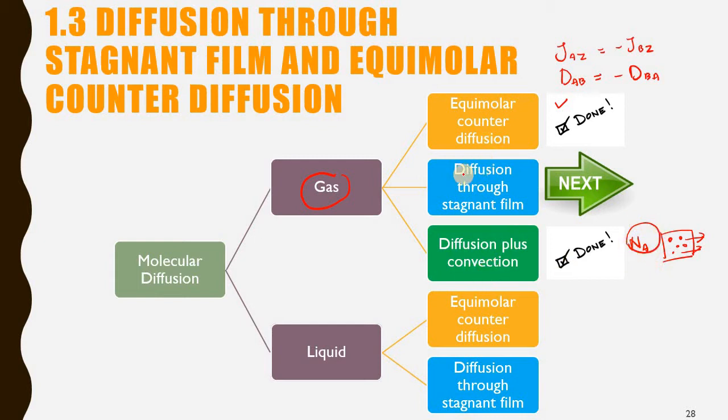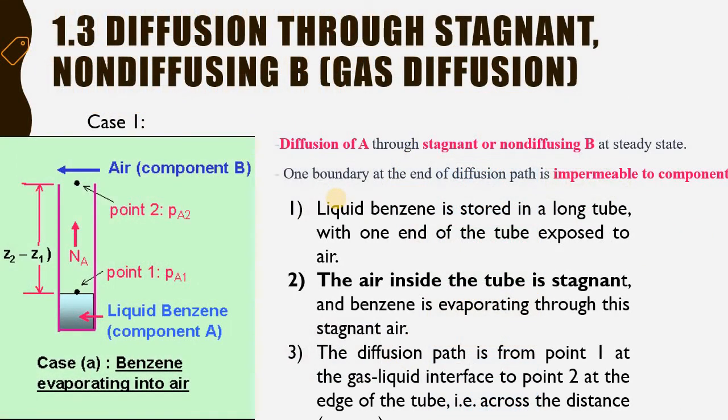Next we will see how the diffusion through stagnant fluid works in gas. Okay, so diffusion through stagnant non-diffusing B, we call it gas diffusion. You can see here for this example, diffusion of A through stagnant or non-diffusing B at a steady state.